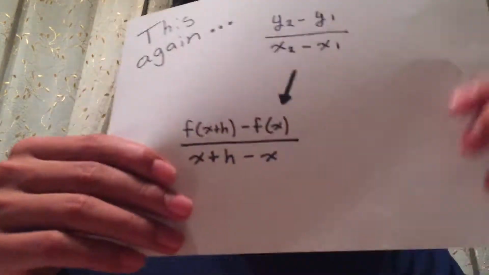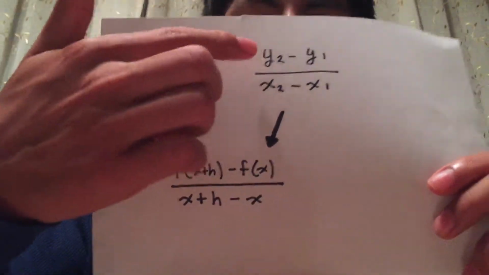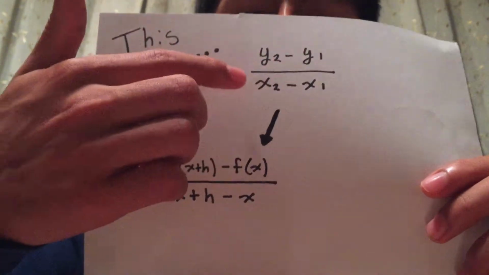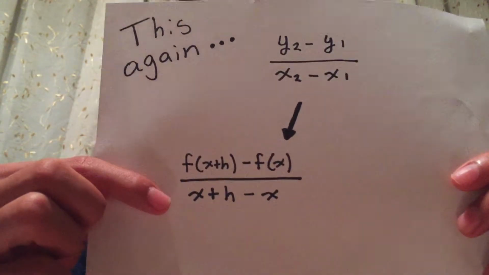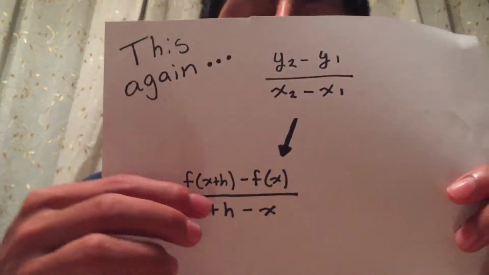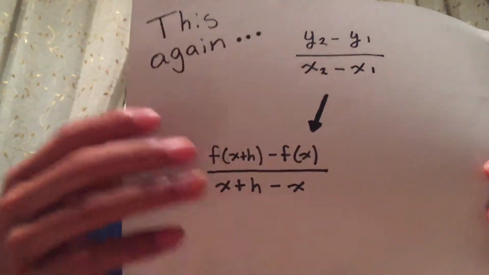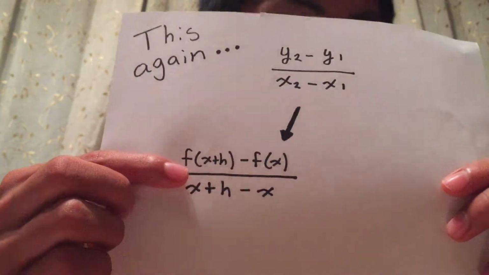So, going back to this right here, since we don't actually have numbers to go into here, it'll look a little more like this, since we have h's and x's and apparently f's too. The difference quotient, this is what the difference quotient really looks like.